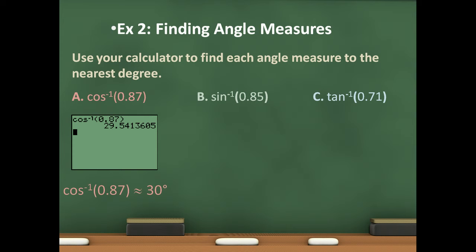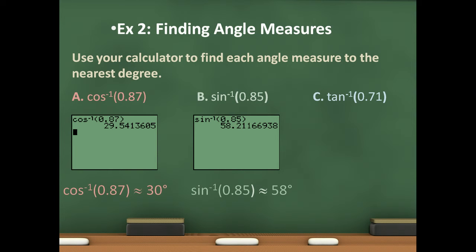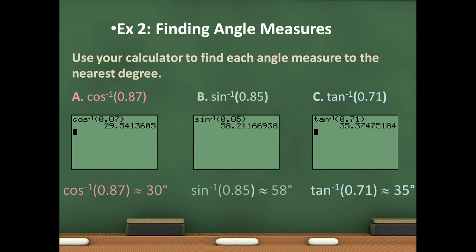It's about 30 degrees. We want the inverse sine of 0.85, and this gives us approximately 58 degrees. We also want to find the inverse tangent of 0.71. Putting that into the calculator, we get about 35 degrees.